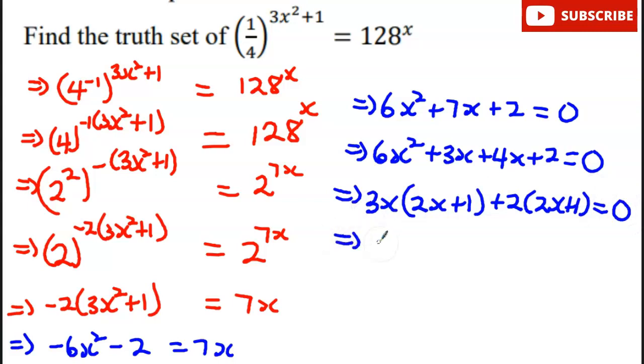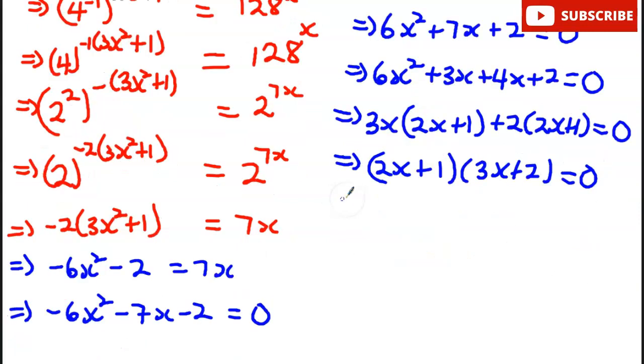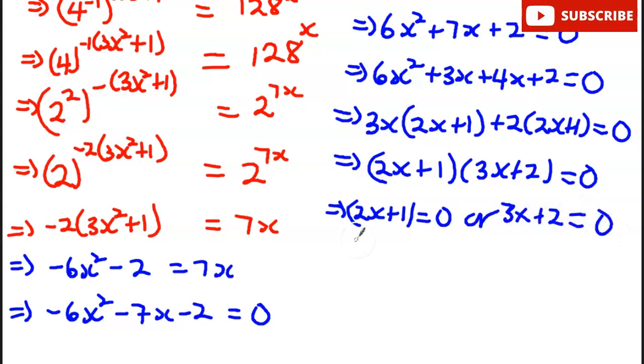So we have 2x plus 1 and then 3x plus 2 is equal to 0. Now this is the same as 2x plus 1 is equal to 0, or 3x plus 2 is equal to 0. So we solve for x in each case. Over here, you can say 2x is equal to minus 1.